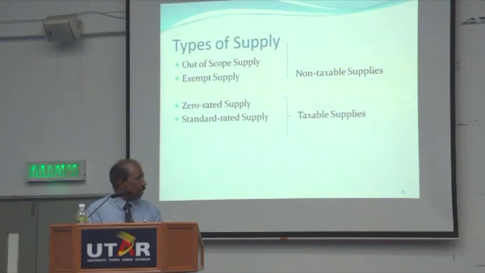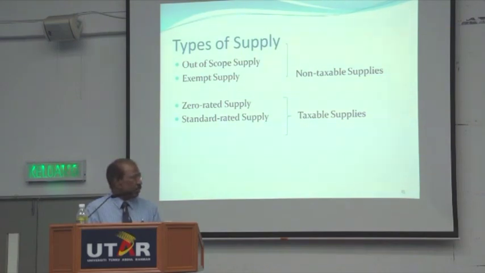Exempt supply means the government has exempted it from being taxed. So in this case, these are non-taxable supplies. Zero rated means tax at zero. Of course, you're not paying any tax because 0 times anything is 0, as you all know. Standard rated supply will be, of course, at the rate decided, now 6%. So these are all taxable supplies.